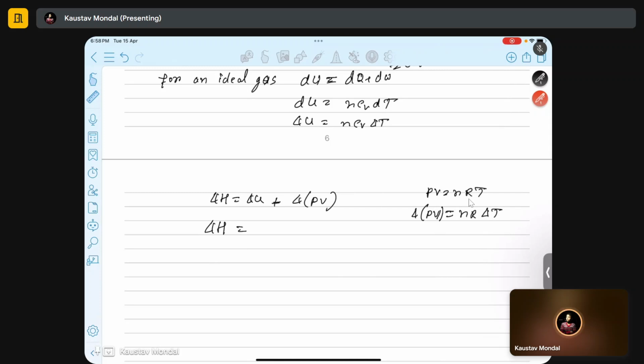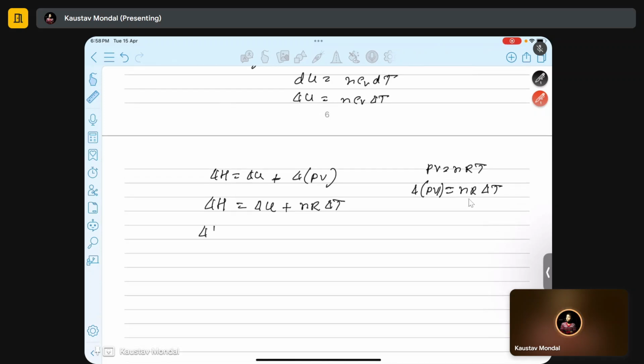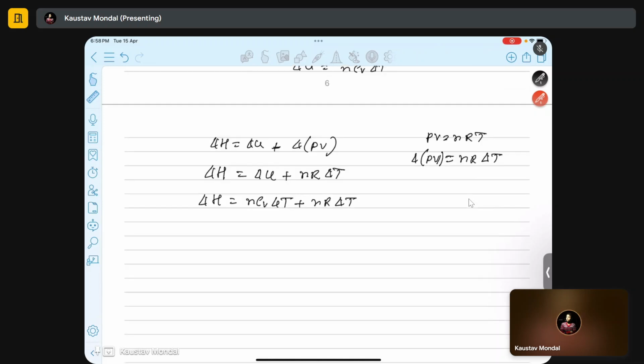Now from here you can write delta H equals delta U plus nR delta T. Delta U is n Cv delta T, so delta H equals n Cv delta T plus nR delta T. Taking n delta T as common, delta H equals n delta T times (Cv plus R).